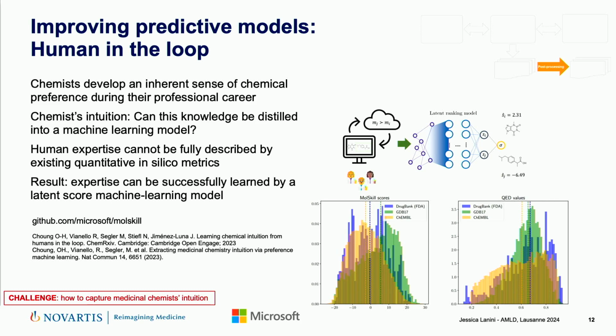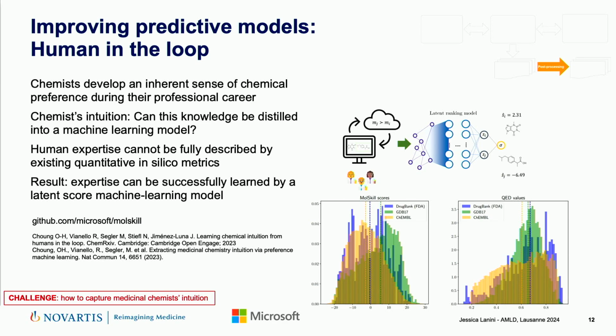But it's very tough to also include in this evaluation the expert knowledge. So together with Microsoft, again, we also worked in the context of MolSkill. This is a score that has been learned by a psychometric experiment.